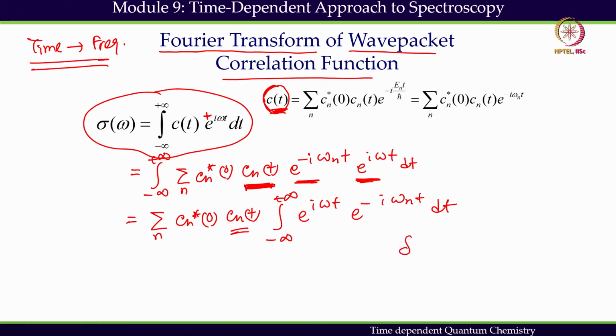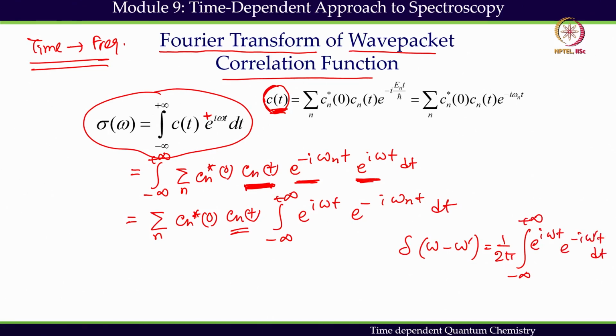The delta function has one representation, which is delta of omega minus omega dash equals 1 by 2 pi, integral from minus infinity to plus infinity, e to the power i omega t, e to the power minus i omega dash t, dt. That was the representation.